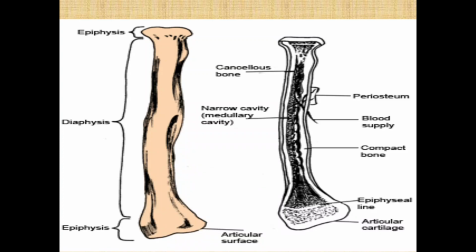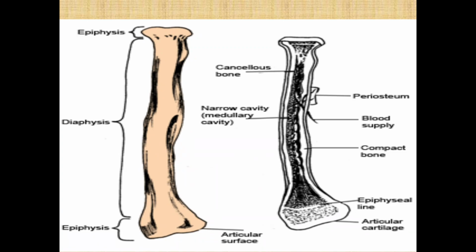So that is a picture of the bone. So on top we have the epiphysis. In the middle we have the diaphysis. And then the bottom we have the epiphysis. Also on the right we have the cartilaginous bone, the narrow cavity, that is the medullary cavity.